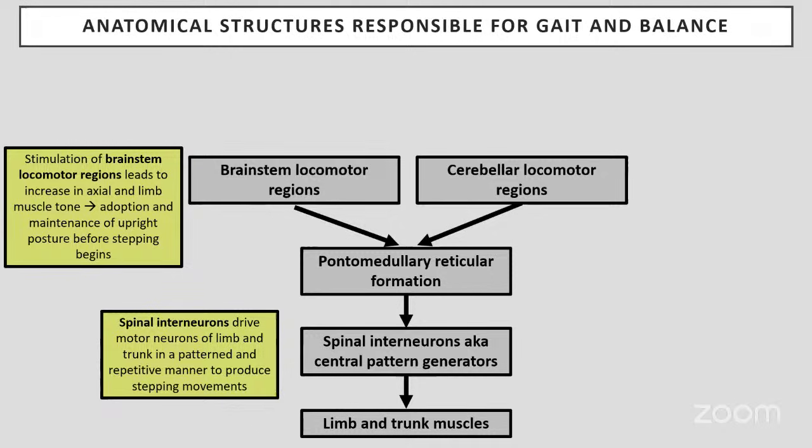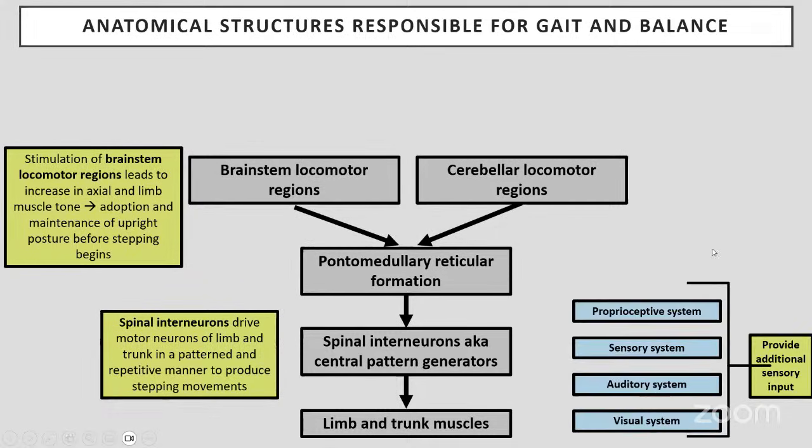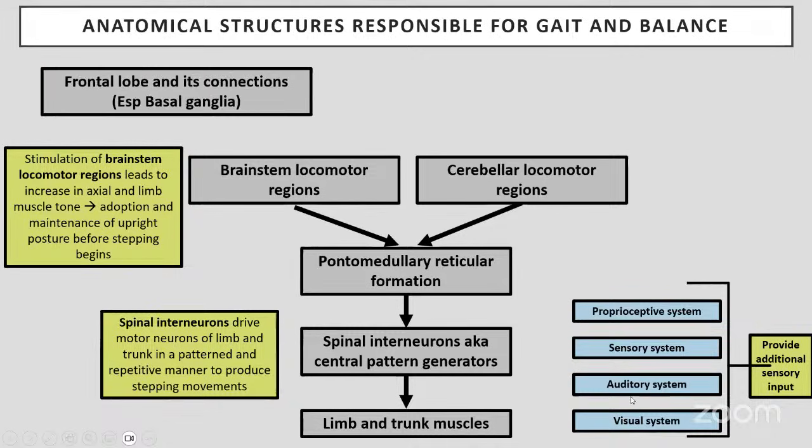Basically, there is a repetition of extension followed by flexion, alternating movements to produce the stepping movements. Additional sensory input is received by the central nervous system via the proprioceptive, sensory, auditory, and visual systems.